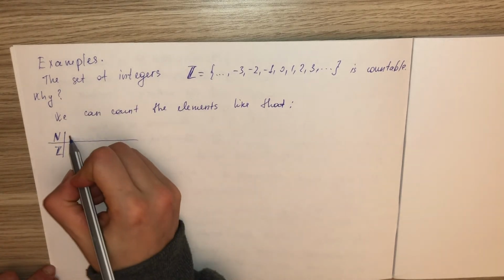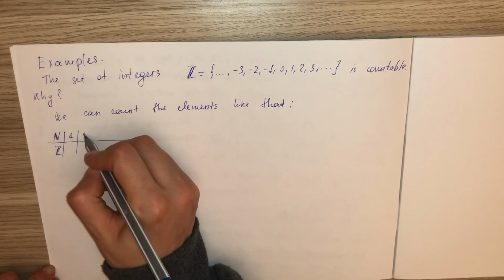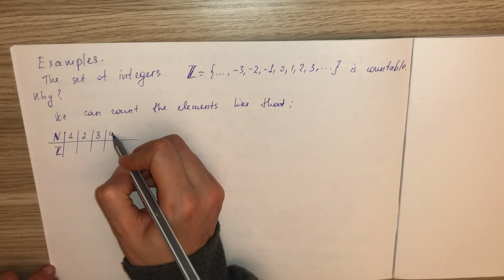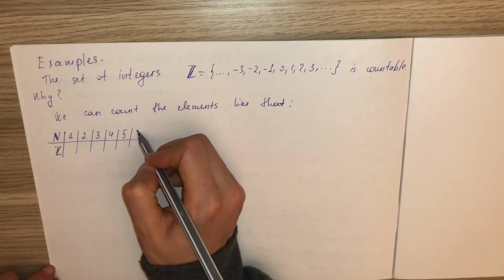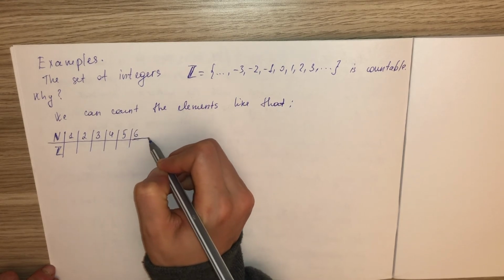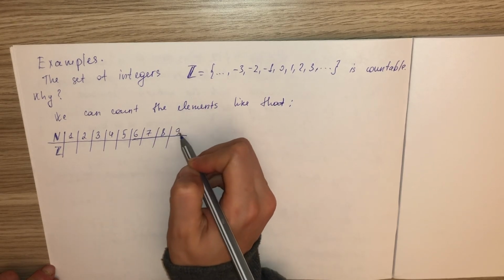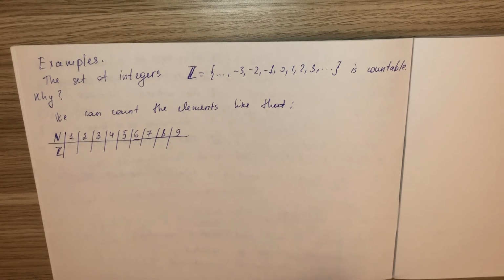The natural numbers start with 1, 2, 3, 4, 5, 6, 7, 8, 9, 10, and so on.